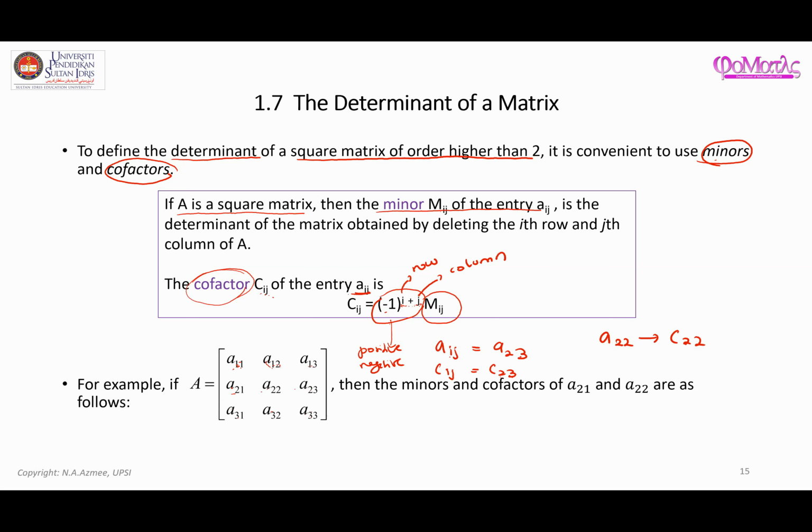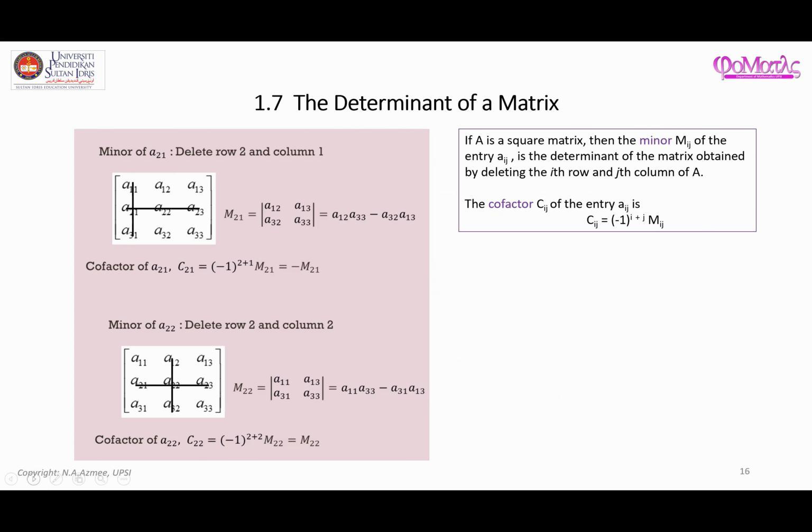Okay, so in this example here, A is a 3 by 3 matrix, and let's say you want to find the minors and cofactors of specific entries, which are A21 and A22, and it is given by this example here. Okay, so let me just explain to you.